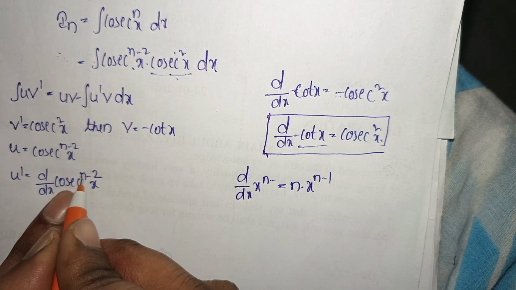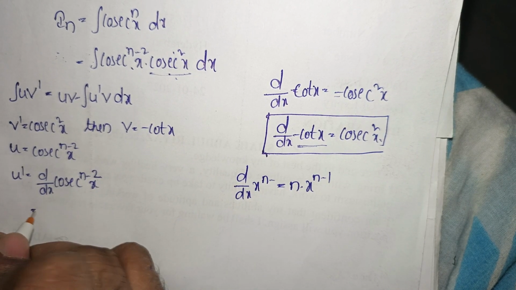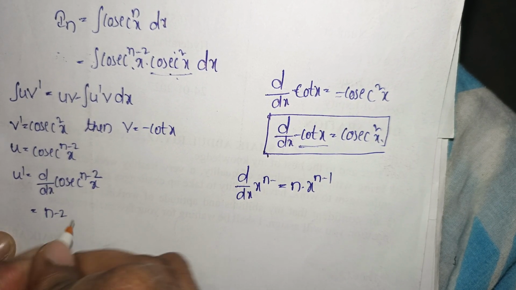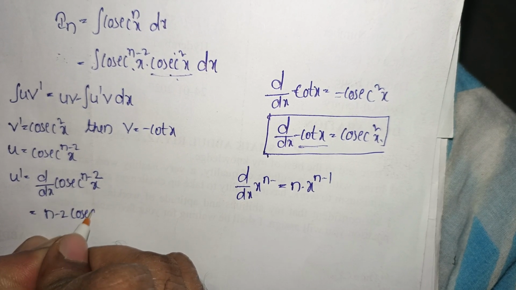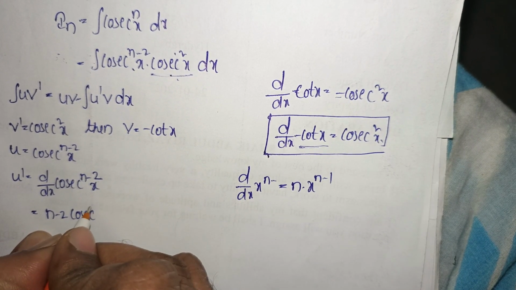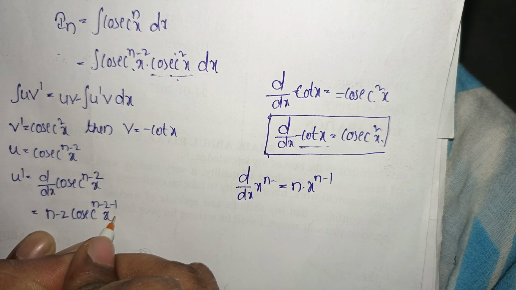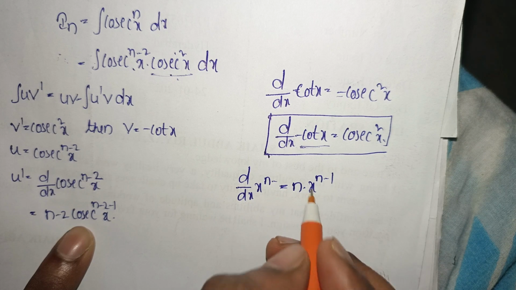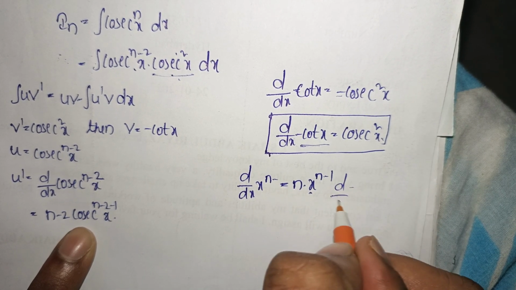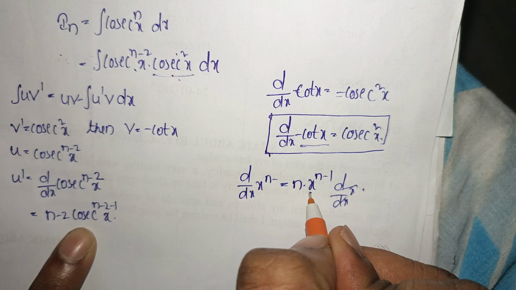So here, if you notice, in place of n we have n minus 2. In place of x we have cosecant x, and the power is n minus 2 minus 1. The derivative of d by dx of x is nothing but 1, so there is no need of doing the derivative of x.